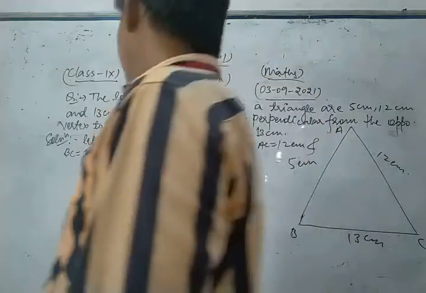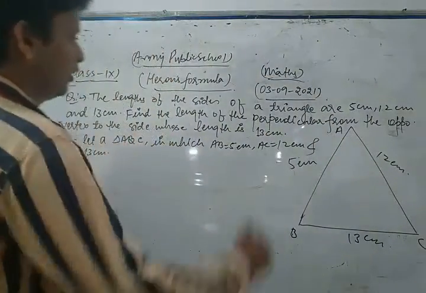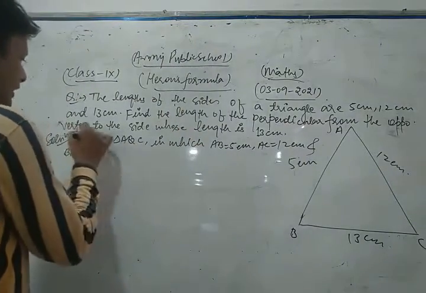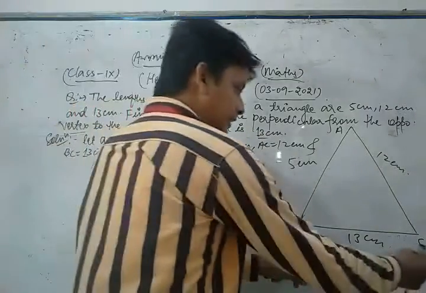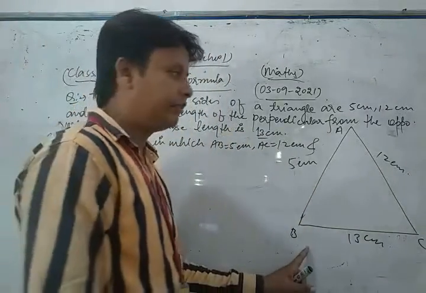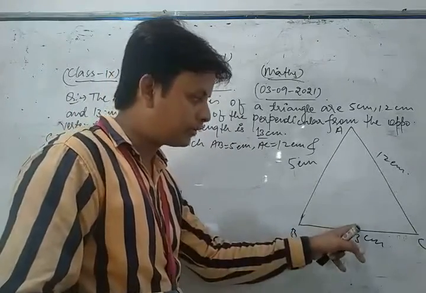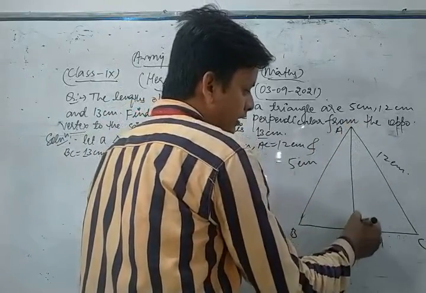Now look. First, dear students, what do we find? We find the length of the perpendicular from the opposite vertex to the side whose length is 13 centimeter. First of all, we consider the side BC, and we find the length of the perpendicular drawn from the opposite vertex of that side. So we draw AL.